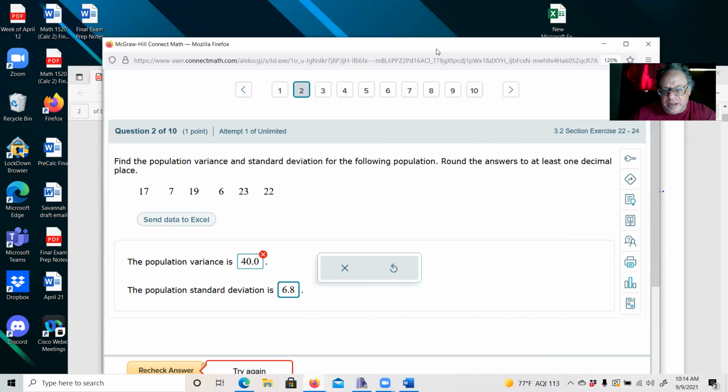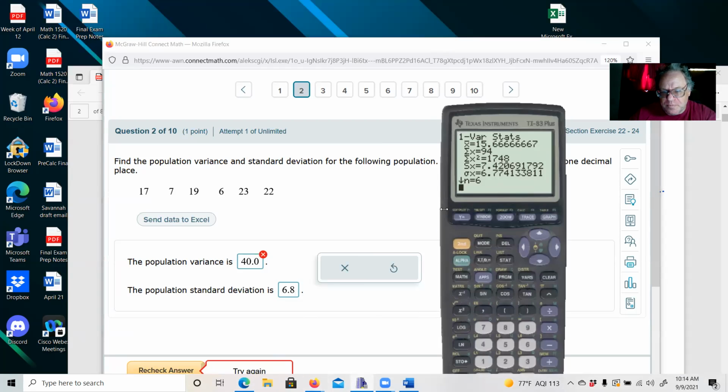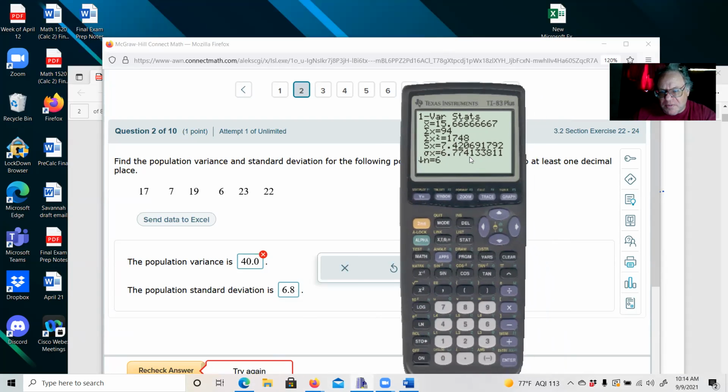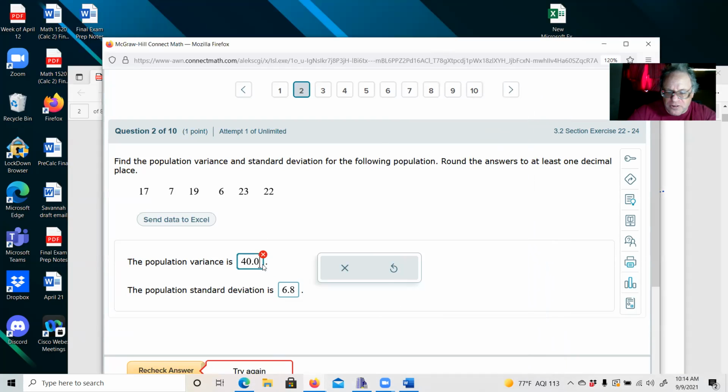And then what we're going to do is type this value here: 6.7741, squared, which is 45.9. It's so off.